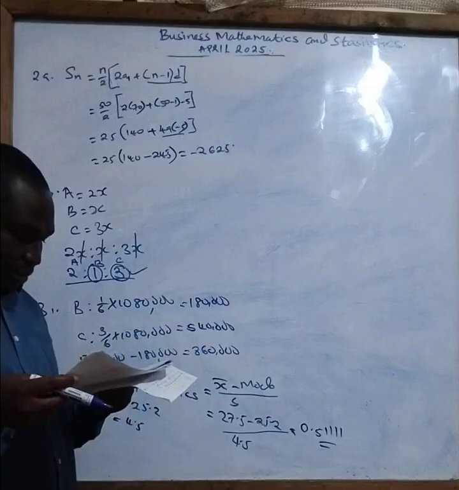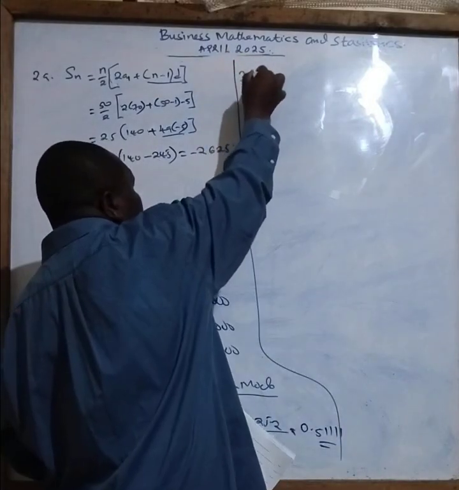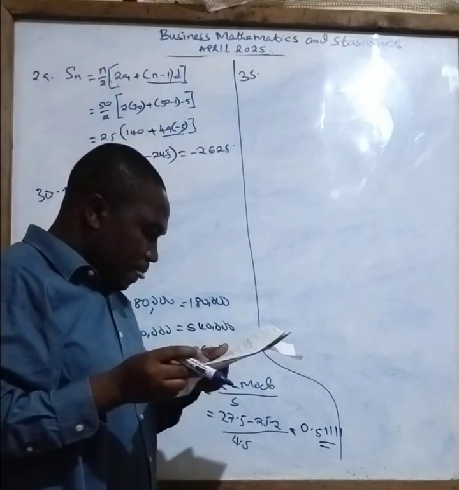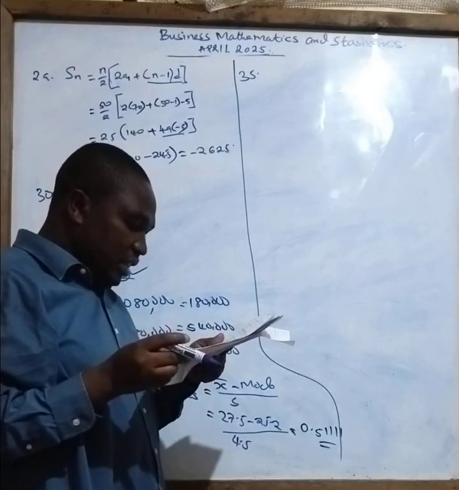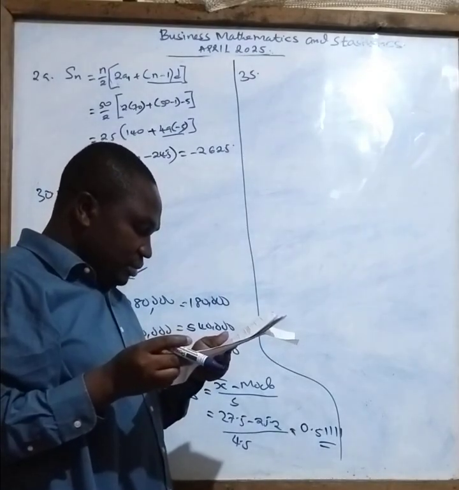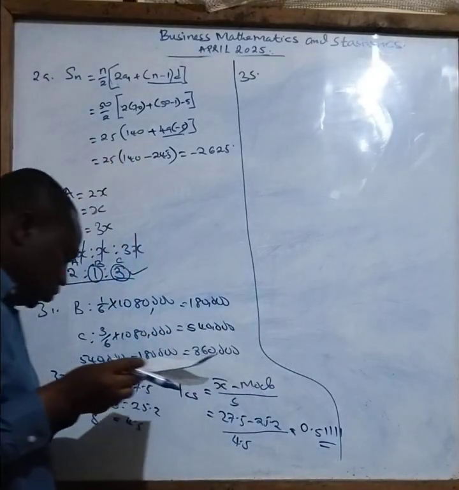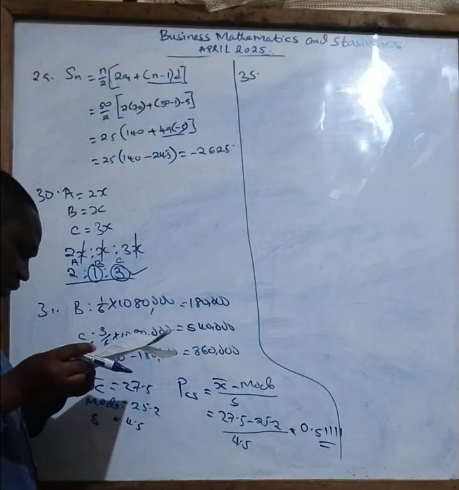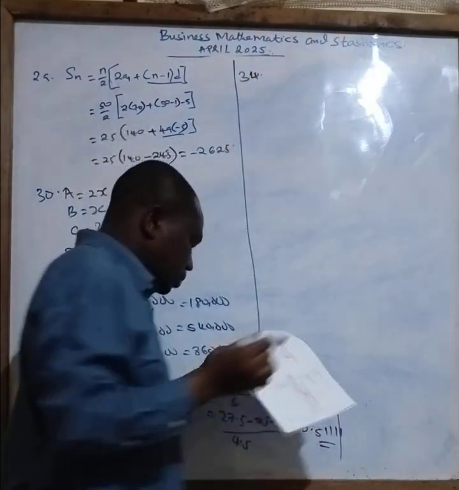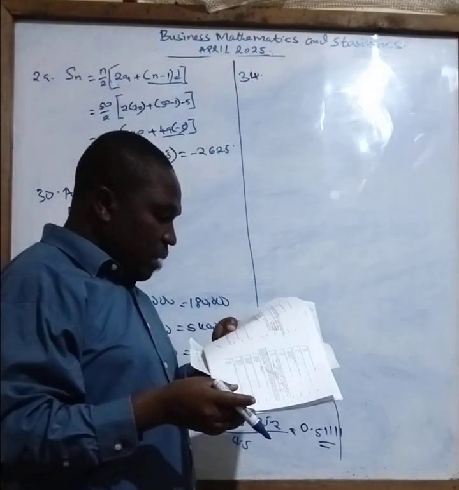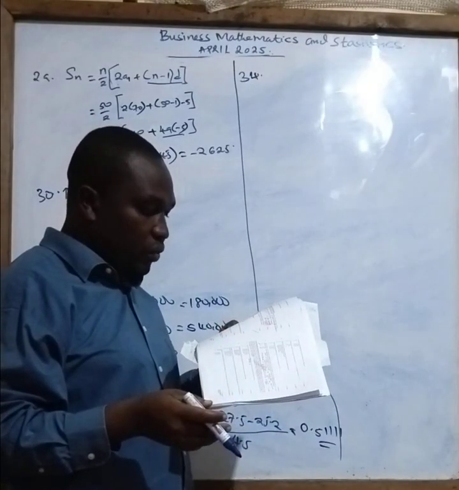Question 34. Calculate the number of ways in which a chairman, a treasurer, and a secretary can be formed from a group of 9 members.